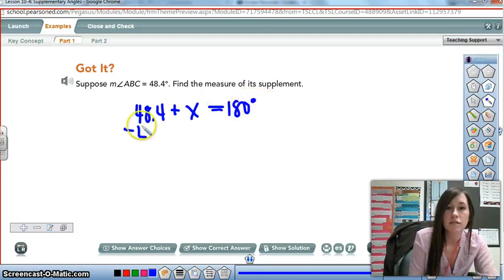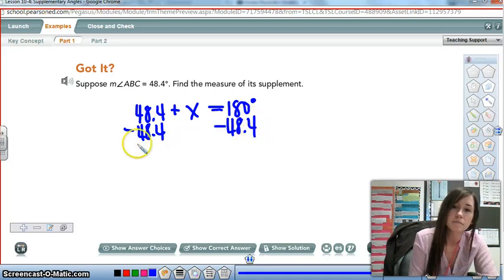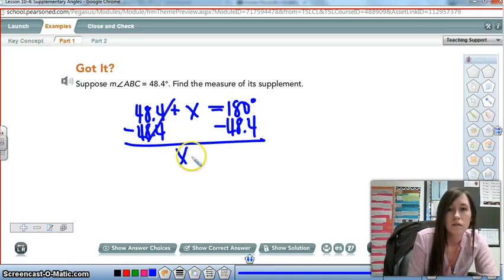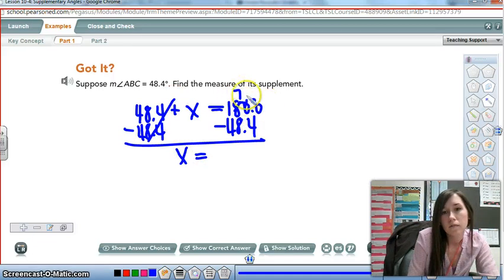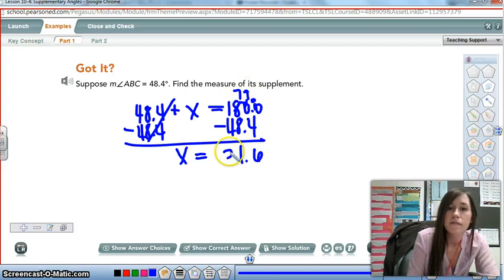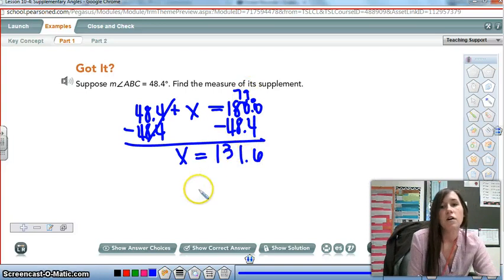We could subtract from both sides. And we see that an angle of 131.6 degrees would be a supplement to our original angle of 48.4 degrees because the two added together would make 180.